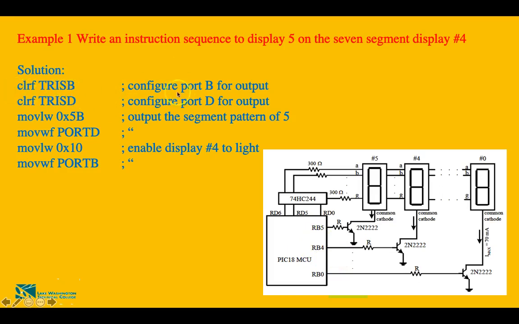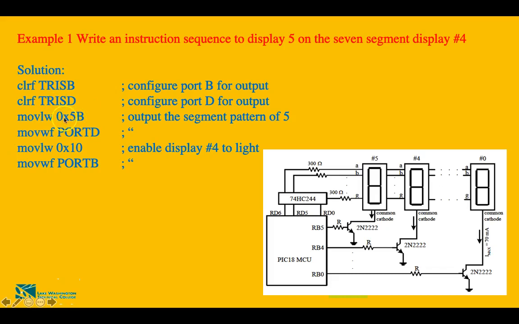Clear F TRISB, configure port B for output, and then clear F TRISD, configure port D for output. Move literal number 0x5B to the working register. This number is the 5 segment pattern.